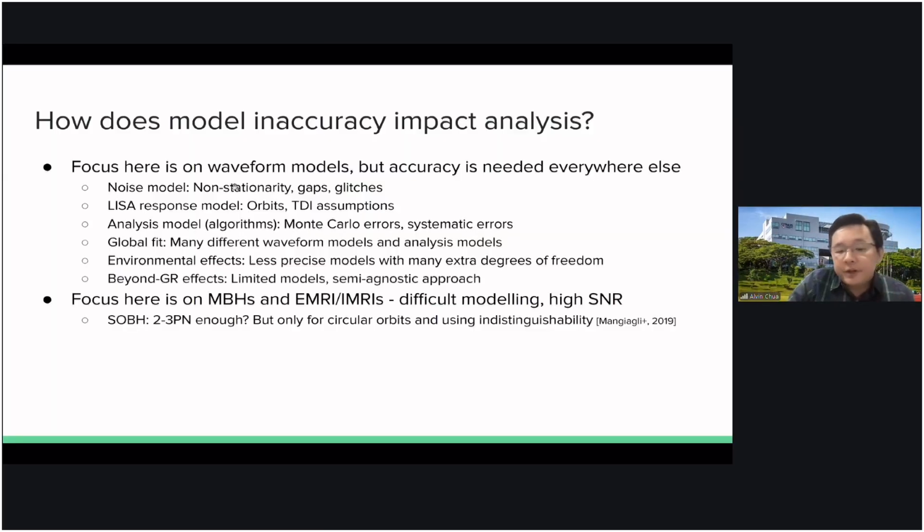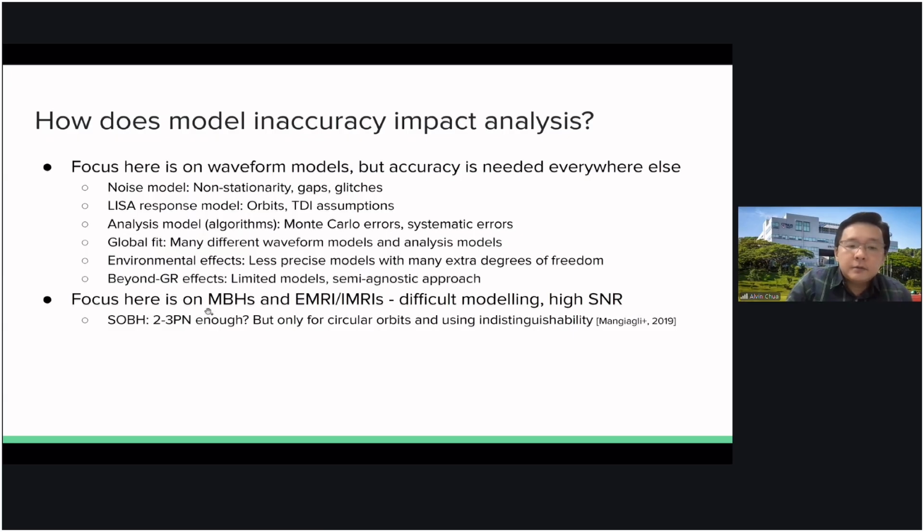And that's just for an individual source. The LISA global fit will involve many different waveform models as well as many different analysis models, and so errors in all of these may cross-contaminate. Finally, there are also environmental effects as well as beyond GR effects, which is a whole other can of worms, beyond the scope of this talk.